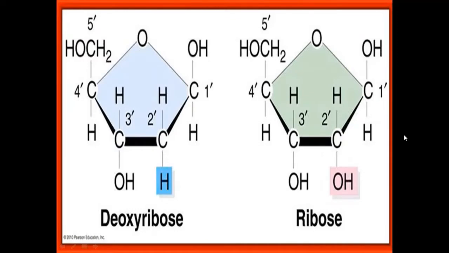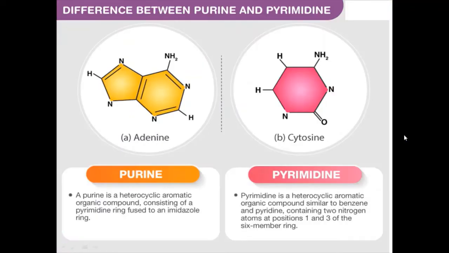In ribose sugar, 4 carbon atoms are present within the cyclic ring, while the 5th carbon atom is present outside the ring.